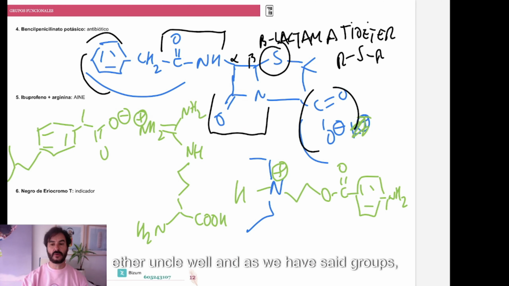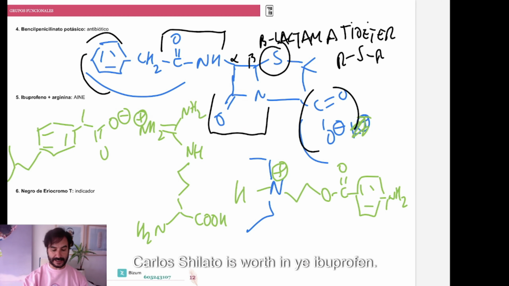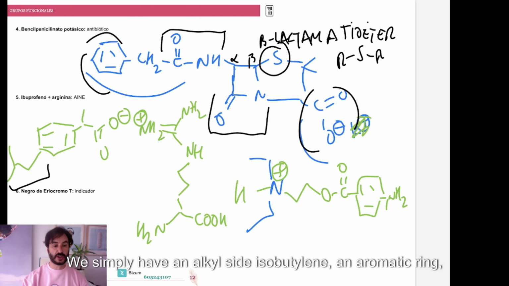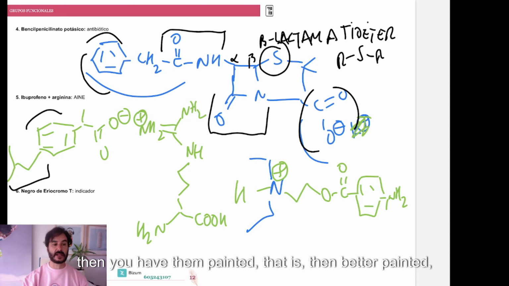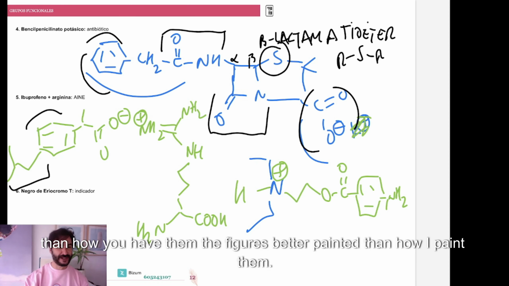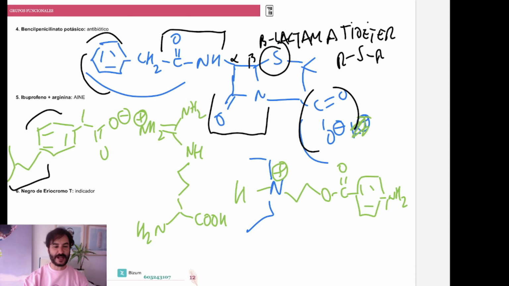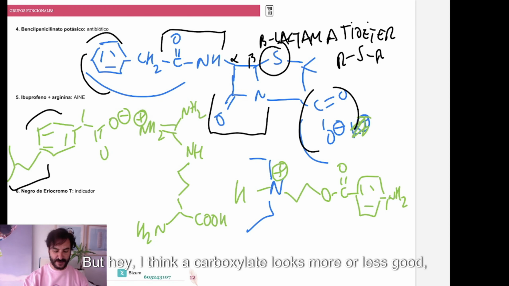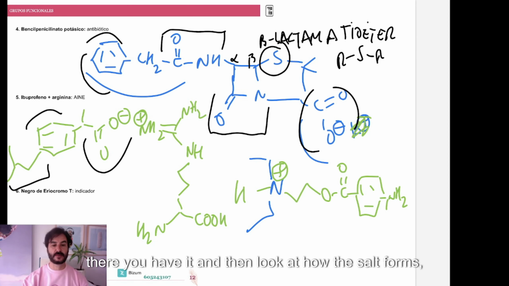And as we have said, groups: in ibuprofen we simply have an alkyl side chain, isobutyl, an aromatic ring. You have them painted, better painted than how I paint them, but I think the carboxylate looks more or less good. There you have it.